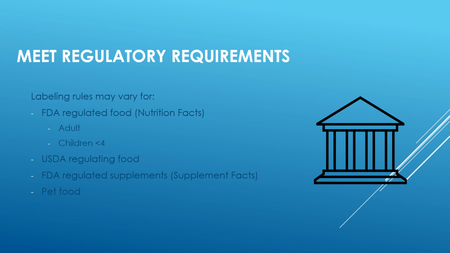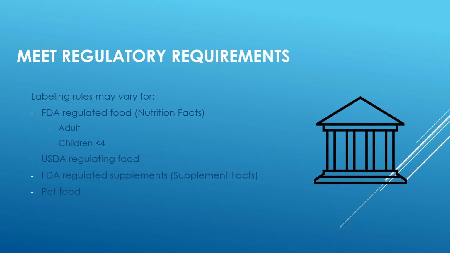And I see this quite often. Sometimes people don't know whether or not a particular product is a food or a supplement, and that can create confusion because those two rules are very different.